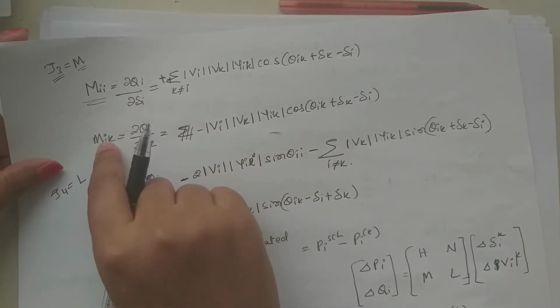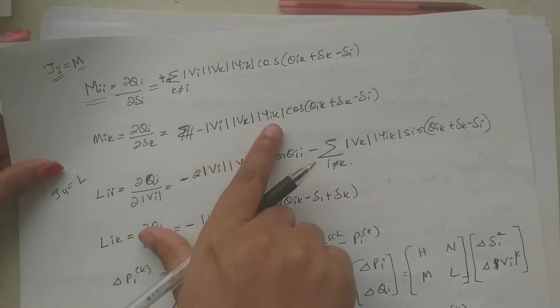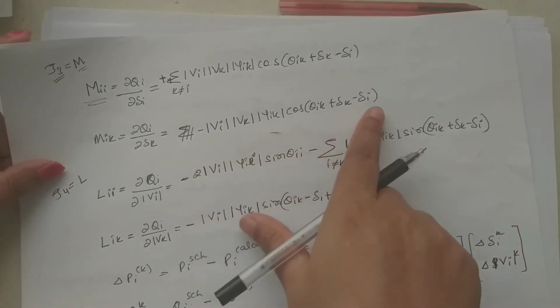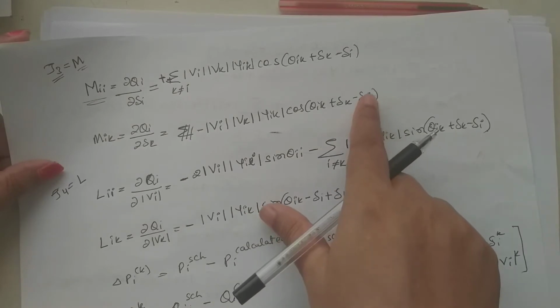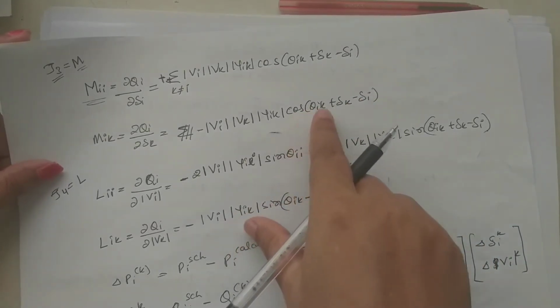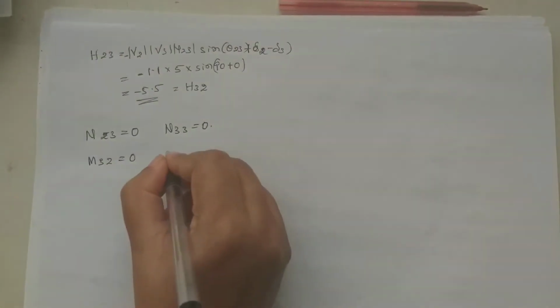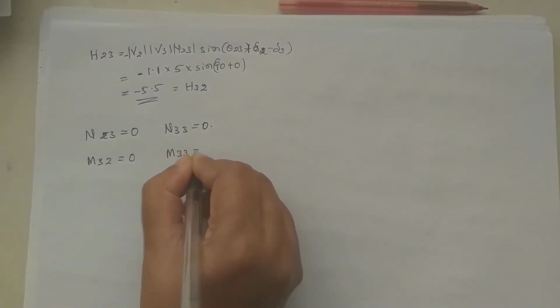Let us see what is M32. M32 is also the same thing: minus Vi Vk Yik cos(θik + δk − δi). δk and δi are 0, θik is 90, cos 90 is 0, therefore M32 is equal to 0 and M33 is equal to 0.